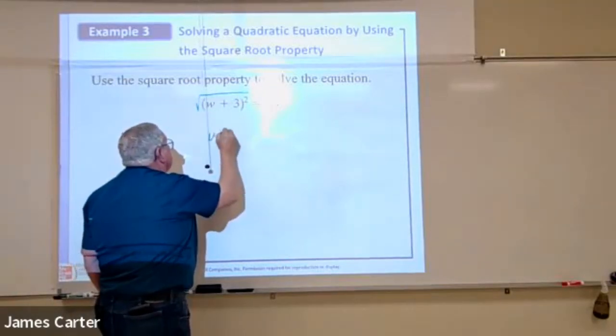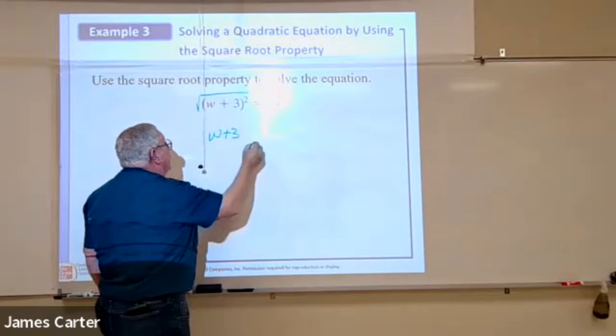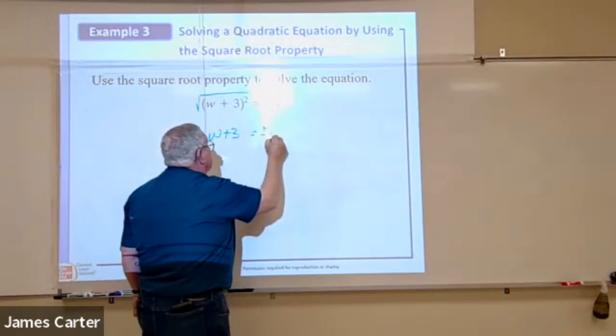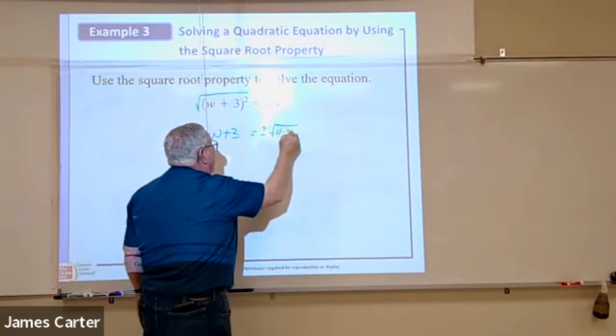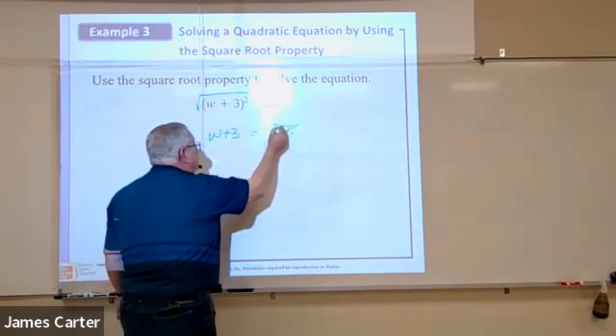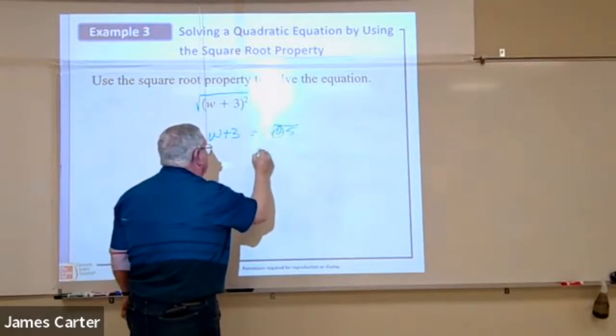That gives me w plus 3, and this gives me plus or minus the square root of 4 times 5. I can extract the 4, get a 2.